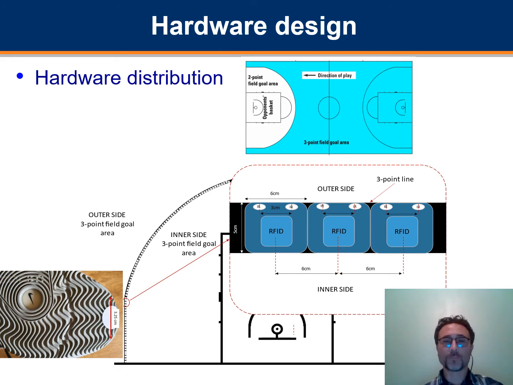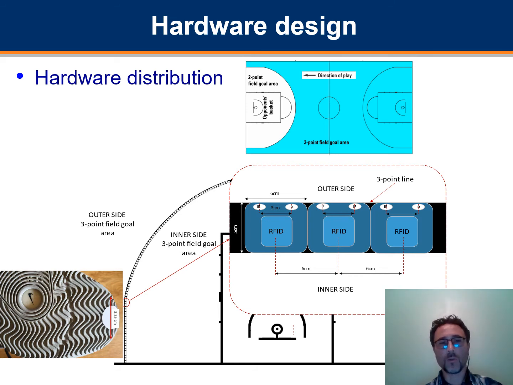For the infrared sensors, we took into account the tip of a shoe of a player, which is around 3.25 centimeters. So we are interested when this small length will get in contact with the external part of the 3-point line.